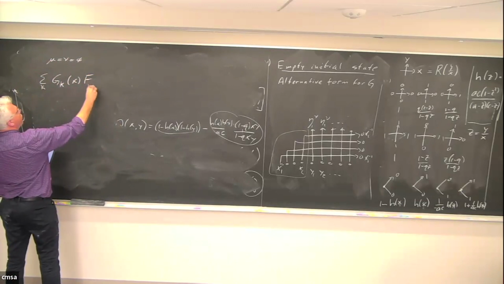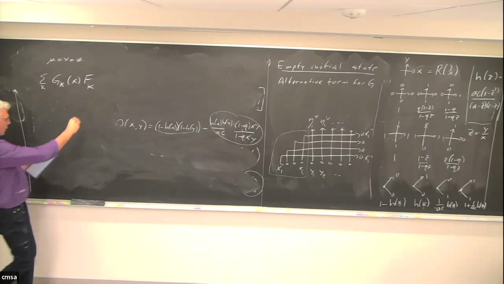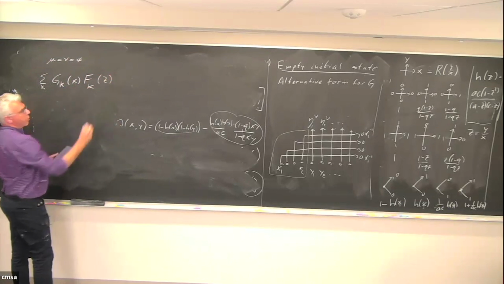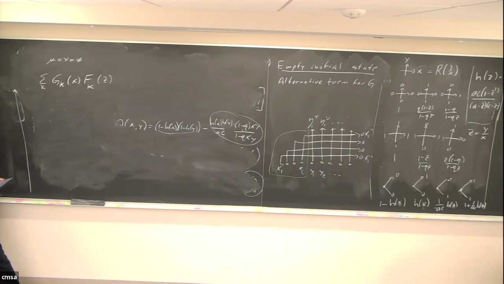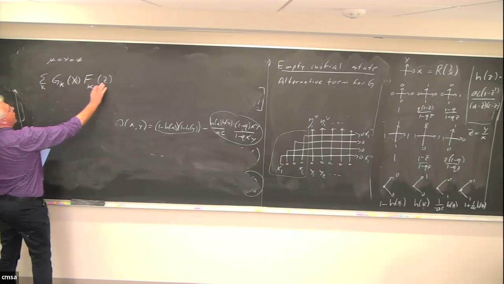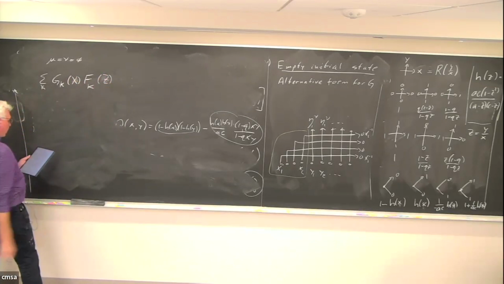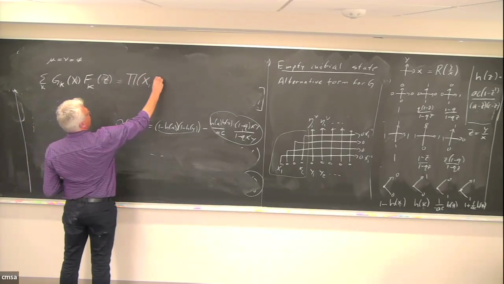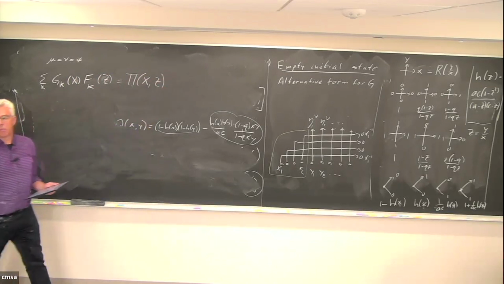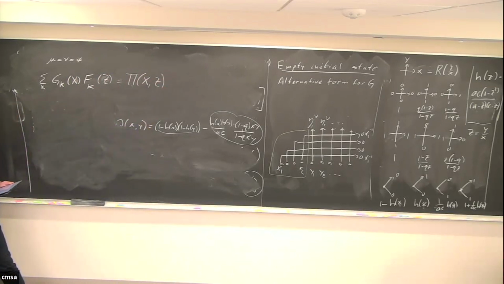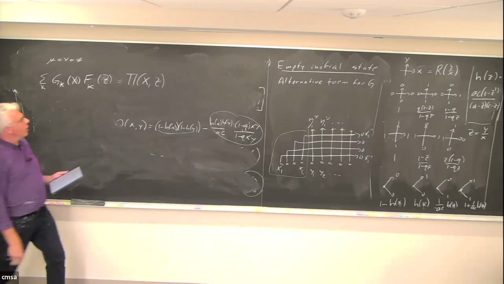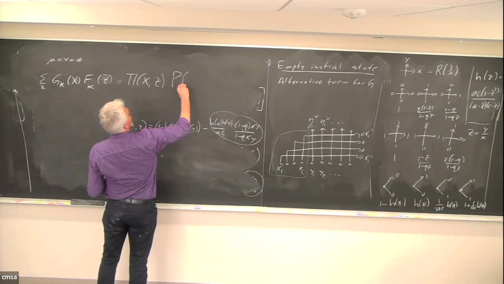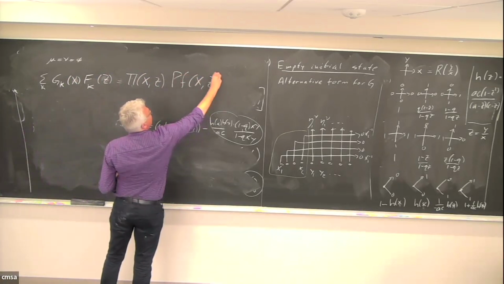These are no longer Q, but just a sum over all partitions kappa of G and G of X. This is a whole alphabet. F of Z is going to be the usual Cauchy-type product for type B: X minus Z, but also 1 minus X times Z, and times the Pfaffian of X times Z.